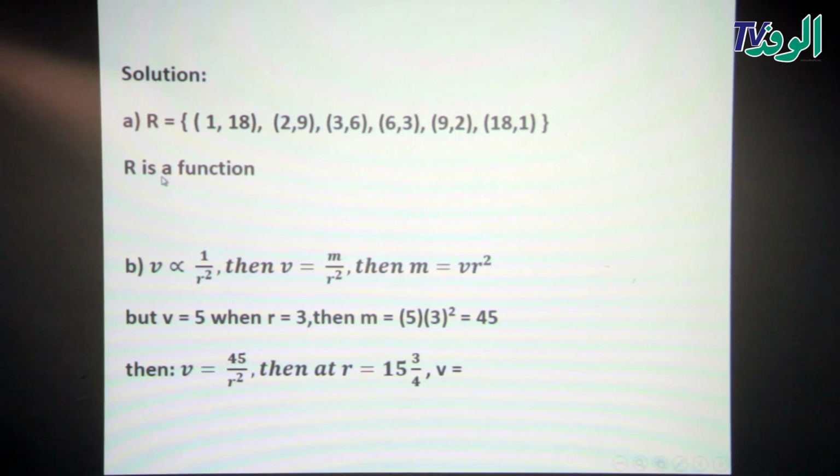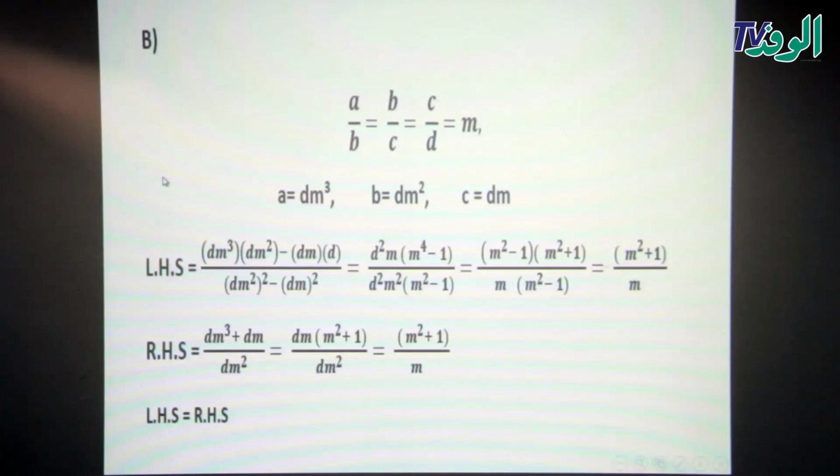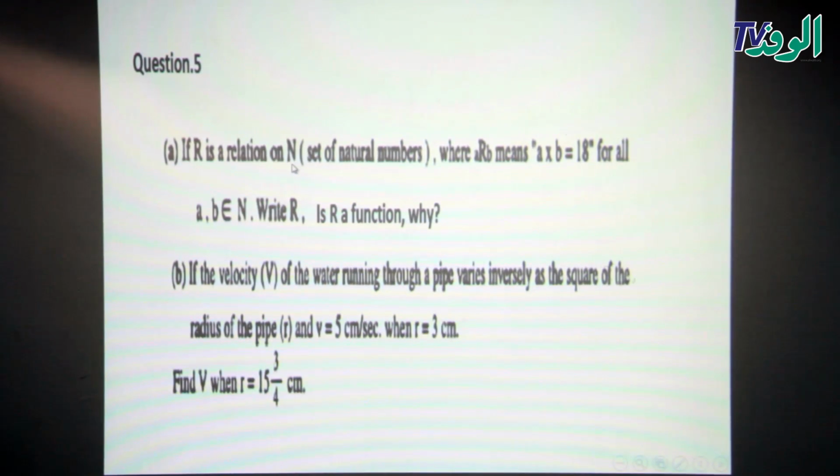R is not a function. Okay? Why is it not a function? Because we said the relation is on N. Did I take all the natural numbers? No. So some natural numbers have no images. So it's not a function.